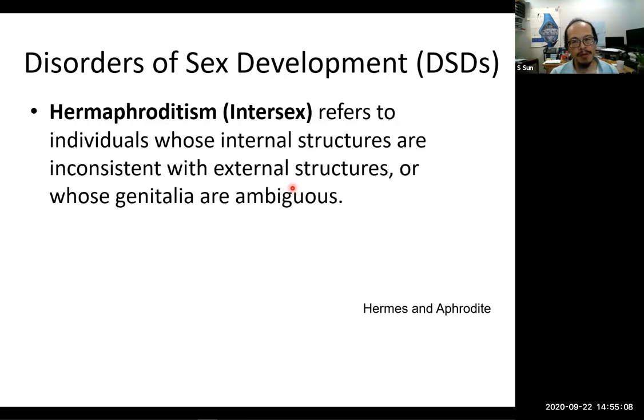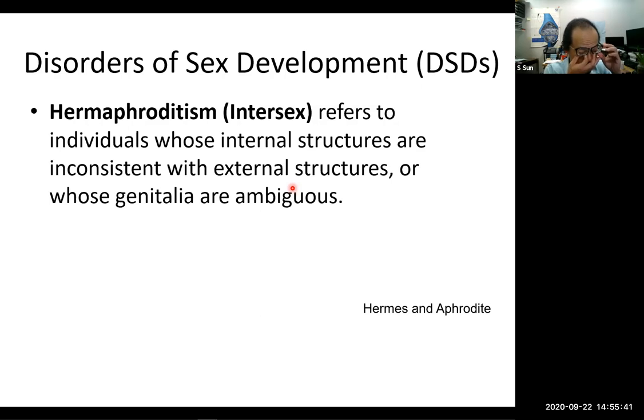Or throughout the SRY process, the development of testosterone is important. The secretion of DHT is also very important. So at any step, if there's any missing part, we will develop into the condition called DSD, the disorders of sex development. This is also generally called intersex.